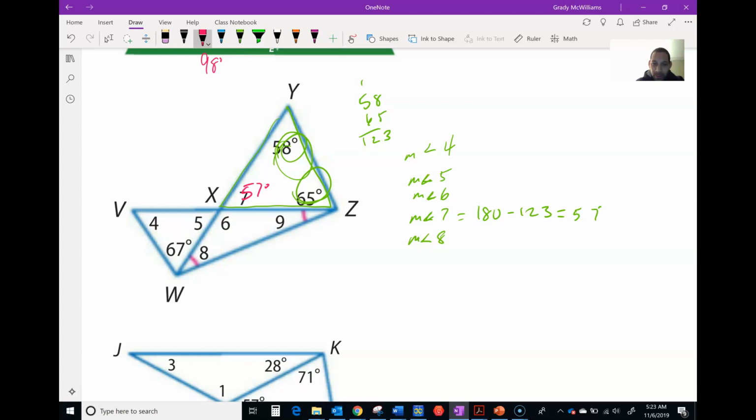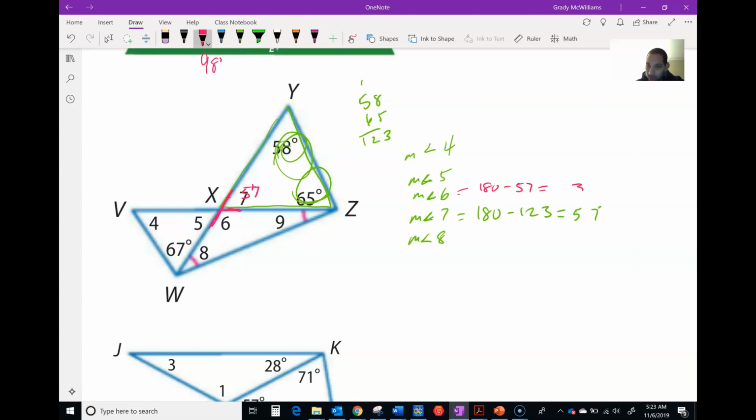And now I can use some facts that we've learned earlier in the year, like these two are a linear pair, so 57. And then I can figure out how much I need for angle 6, because linear pairs should be supplementary. So 57 plus what makes 180, or in other words, 180 minus 57.